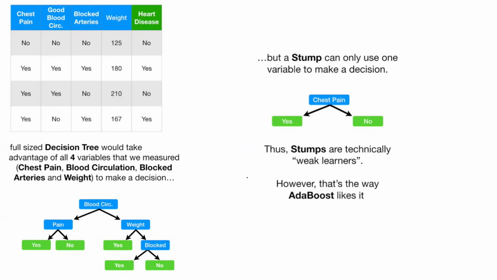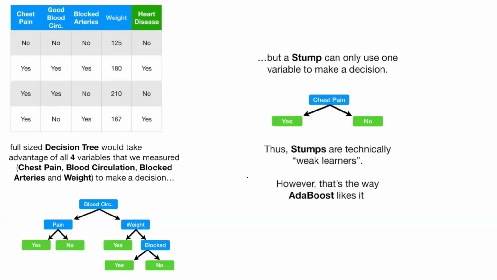And heart disease is the label that is given with the data. So based on these dimensions, we are deciding whether a person has heart disease or not. Okay, now we are trying to use the AdaBoost technique to classify this particular data. How AdaBoost actually works is what we are going to learn now.